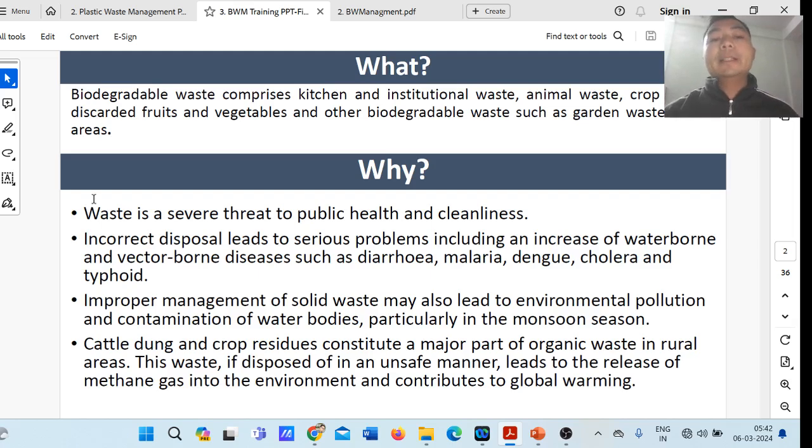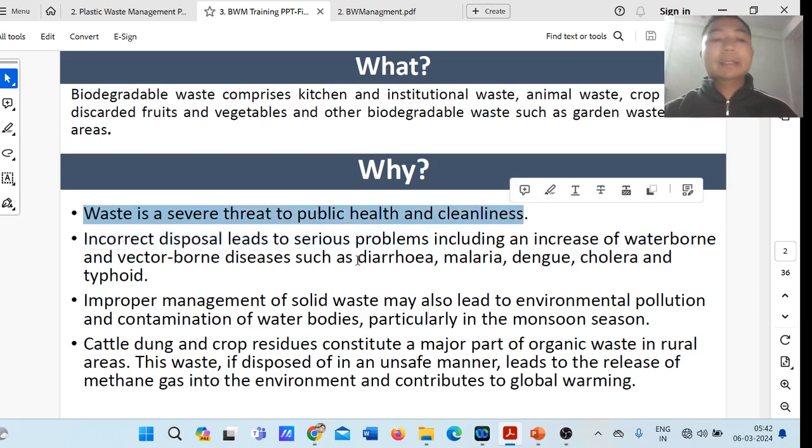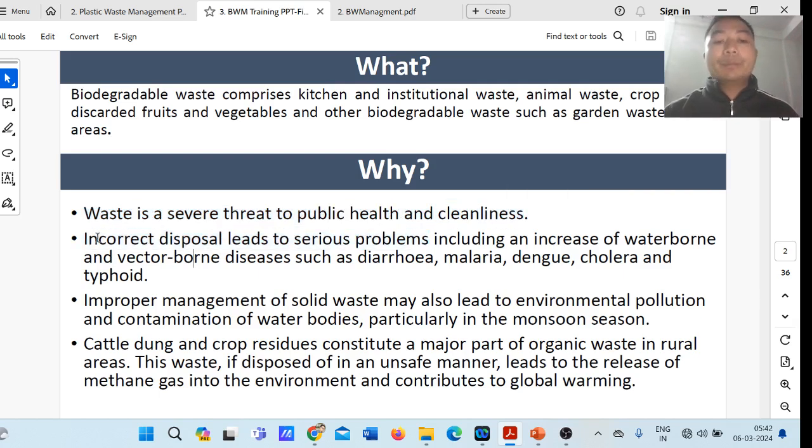Waste poses several threats to public health and cleanliness. Improper disposal leads to serious health problems, including an increase of waterborne and vector diseases such as diarrhea, malaria, dengue, cholera, and typhoid.